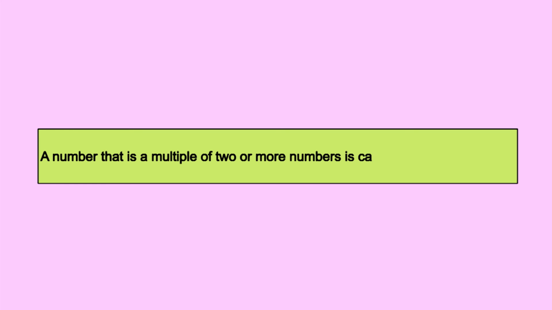Common multiples. A number that is a multiple of 2 or more numbers is called a common multiple. Let's consider the first few multiples of 4 and 6.